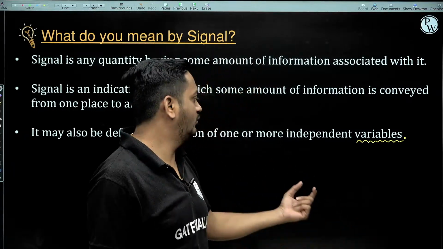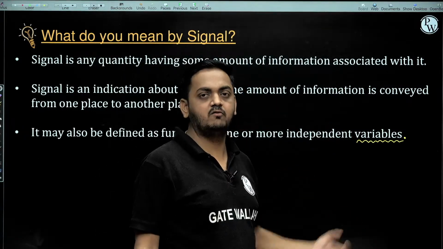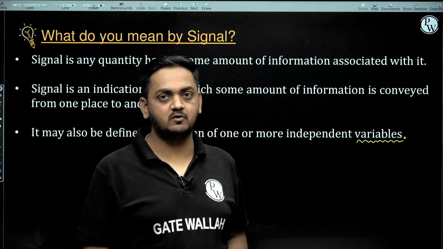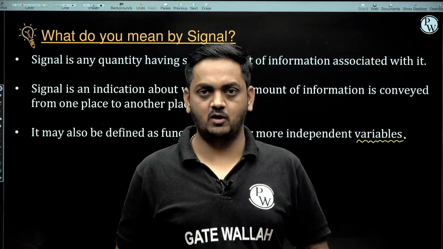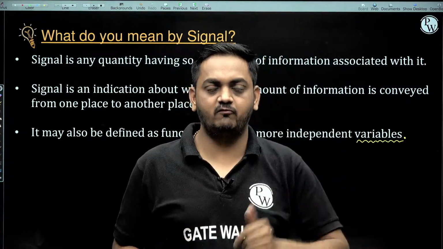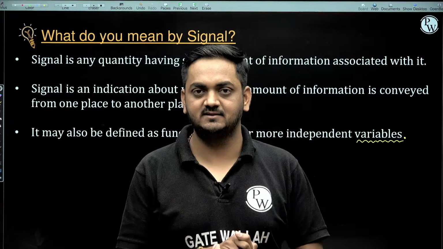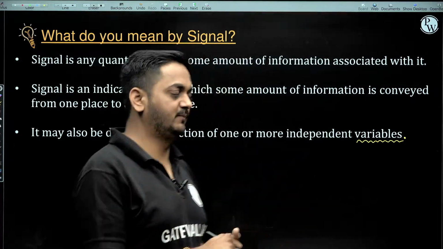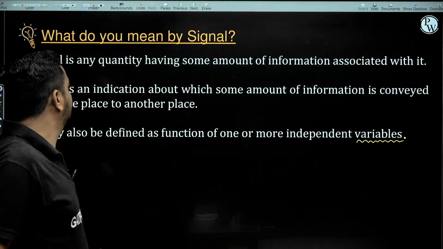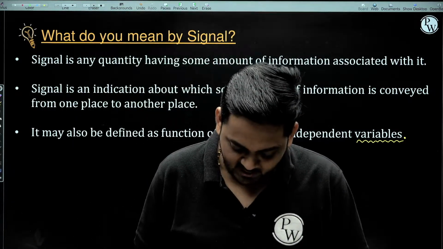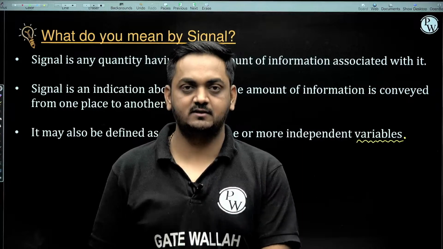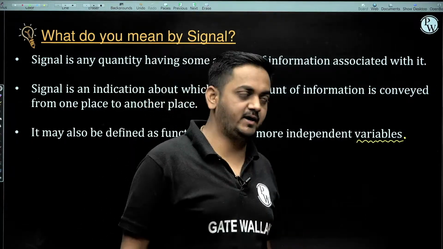Here I am talking about the independent variables. So there are two types of variables for the signal, one on the y-axis and one on the x-axis. Okay, so two-dimensional signal. Fine. Any doubt in this definition of signal? Tell me, guys. Understood? Fine. Okay.